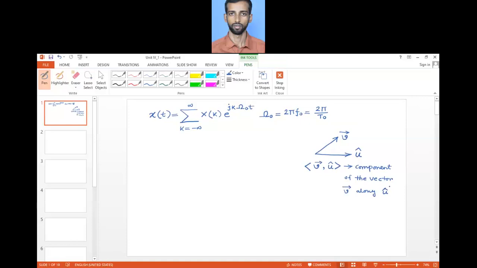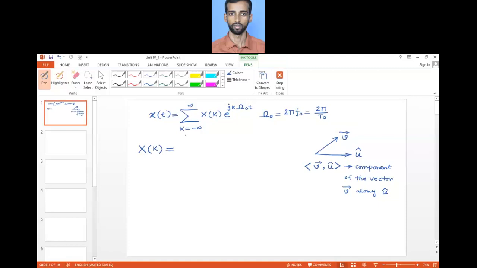So similarly here, this x of k is nothing but the component, the weights assigned to the complex rotating phasor e to the power j k omega naught t. So similarly, we can find out this x of k, because since it is a component, it can be calculated by finding the inner product between the signal x of t and e to the power j k omega naught t.